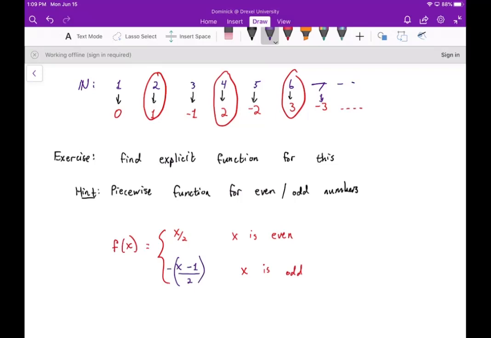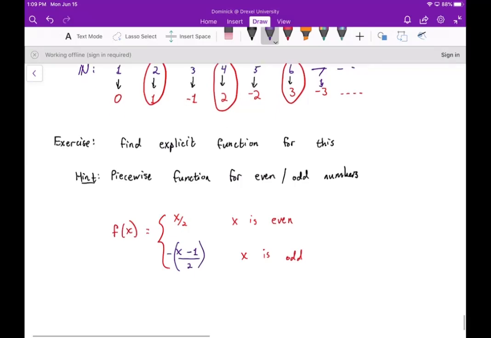So if I plug in a 1, that would give me 0. If I plug in a 3, I would get 3 minus 1, so a 2 over 2. So I get a 1, but take its negative, and that would give me -1. If I plug in a 5, I would get 5 minus 1, which would be 4, and if I divide that by 2, that would give me 2, and then -2, so that works.